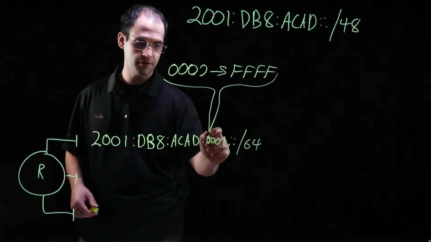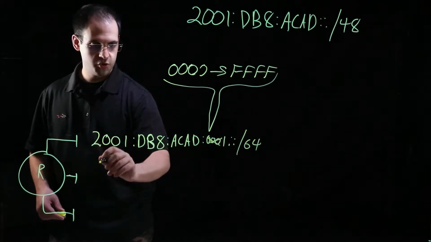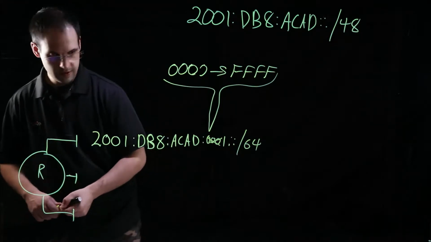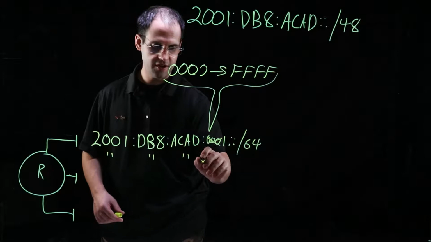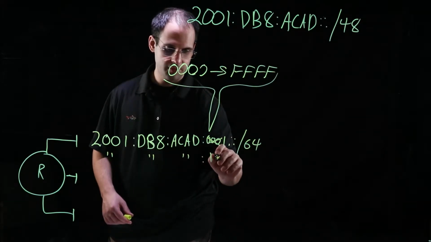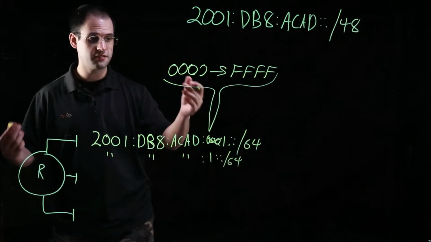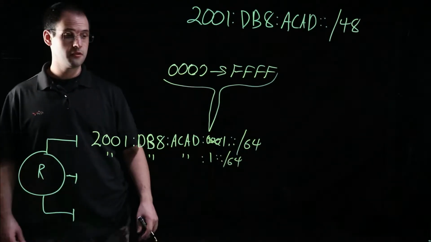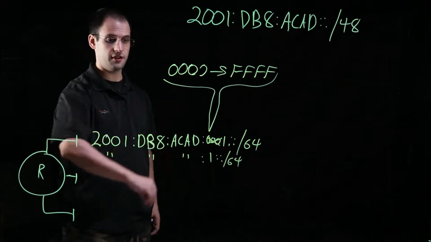And of course we can drop our leading zeros, so my network might be 2001:DB8:ACAD:1::/64. Done. That's it. I've subnetted the whole network. Serious. That's it. I've created a subnet.